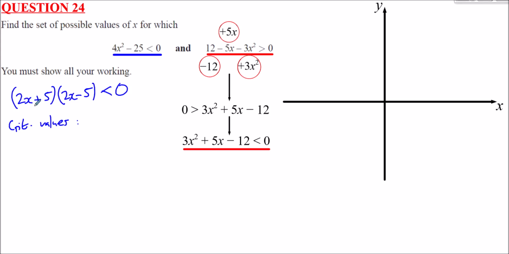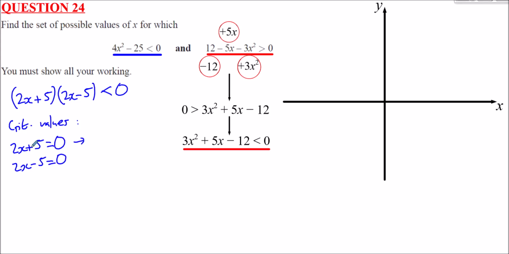So for this first bracket, what would x need to be to make the bracket equal to 0? Well, essentially I'd set 2x plus 5 equal to 0, and then solve that equation. Same here. So 2x plus 5 equal to 0, or this one, 2x minus 5, may be equal to 0 as well.